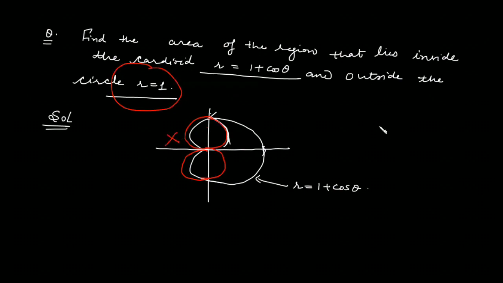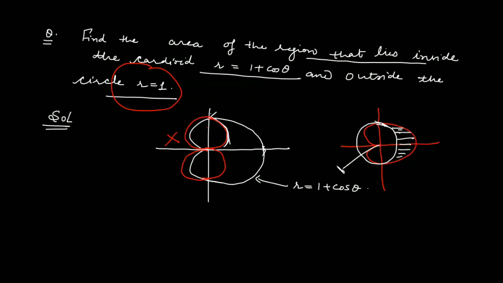So this is the wrong one. Once again, see, first we draw the graph of r is equal to 1 plus cos theta. Now we will draw the graph of the circle with radius 1. So we have to find the area of the region which lies inside the cardioid and outside the circle. So this is the portion.